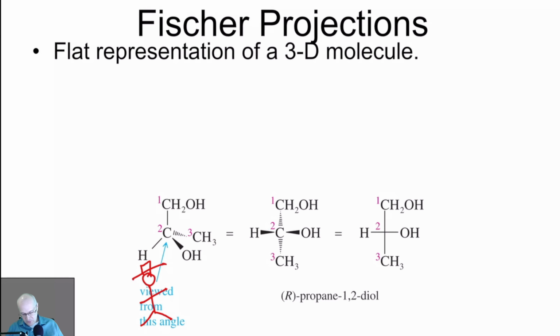From this point of view, there's an OH coming towards us and a hydrogen coming towards us. The OH is on our right, the hydrogen's on our left. They're drawn as wedges, so they're coming towards us. Hydrogen is on the left, the hydroxyl is on the right.